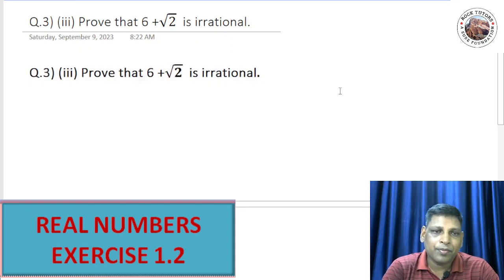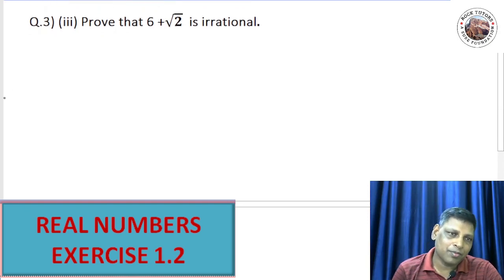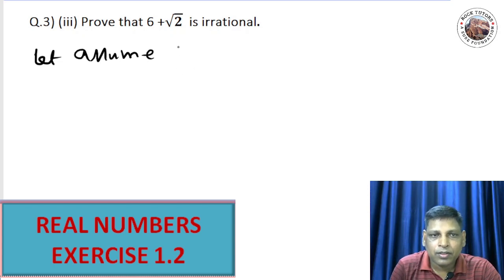Prove that 6 plus root 2 is an irrational number. Let us assume, here also same, 6 plus root 2 is a rational number.